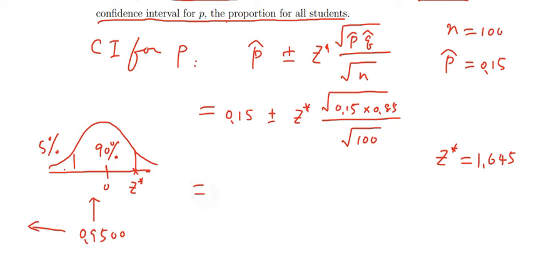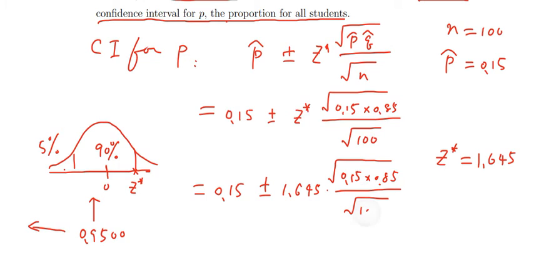So this equals 0.15 plus minus 1.645 times this. For this one we just use a calculator or Excel to do the calculation: 0.15 times 0.85, divided by 100, square root of 100.